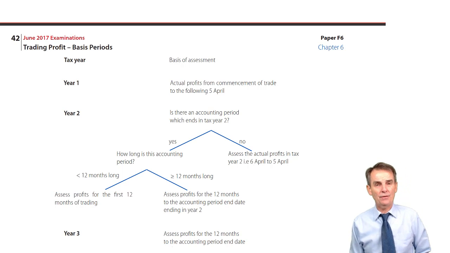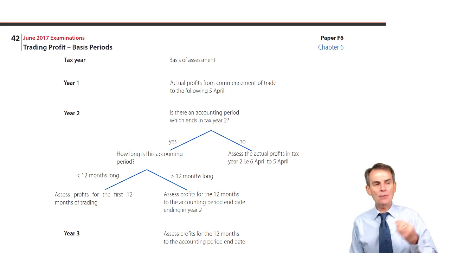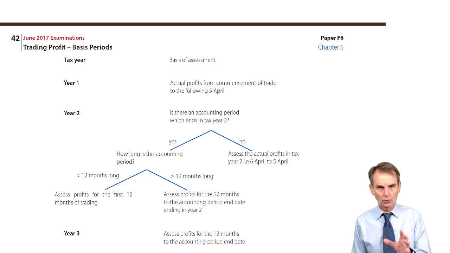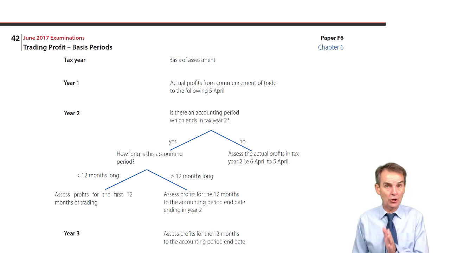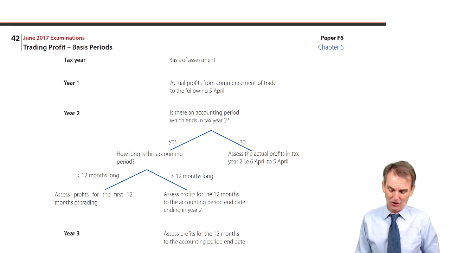Not that it's a choice for the taxpayer to say, well, shall I have that or shall I have that? It will depend on the specific situation that they're in. So we again have got to learn rules to determine what basis of assessment will apply in that second tax year.